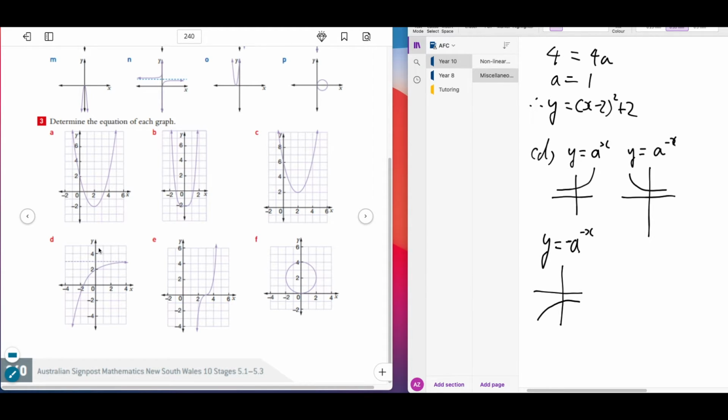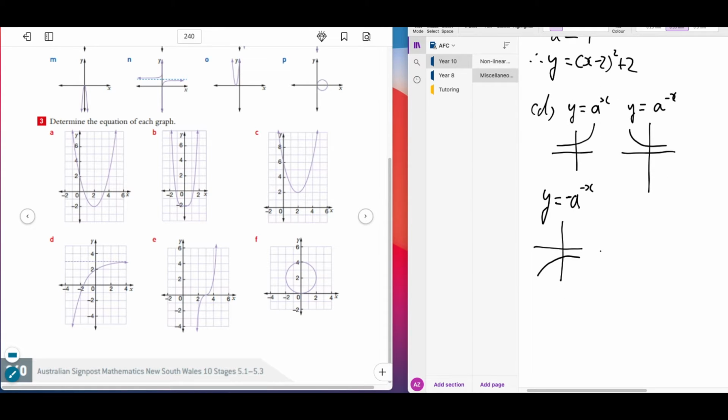So the only way to get to this is if we shift this graph up, say, k units. Okay, so then to get a graph like this, your starting equation will need to be y is equal to minus a to the minus x plus k. And this is pretty tough because you have an a to work with and you have a k to work with.